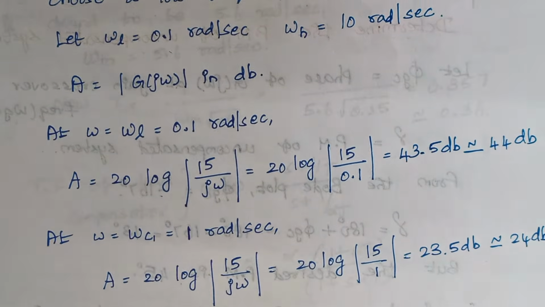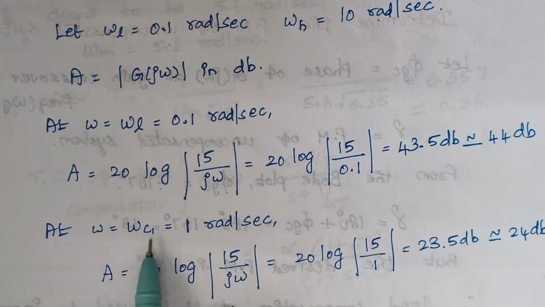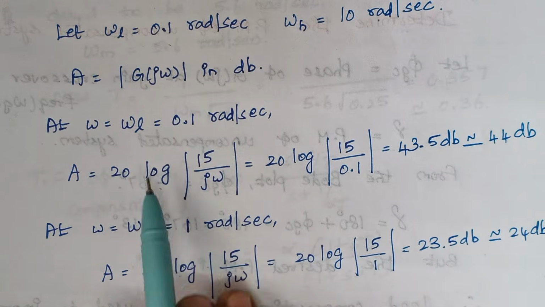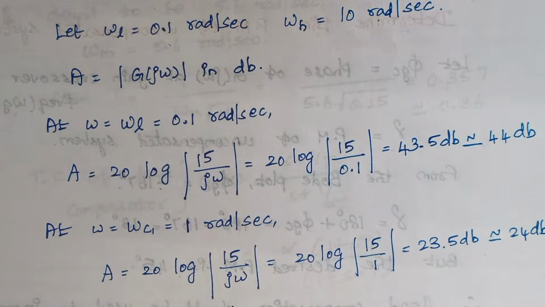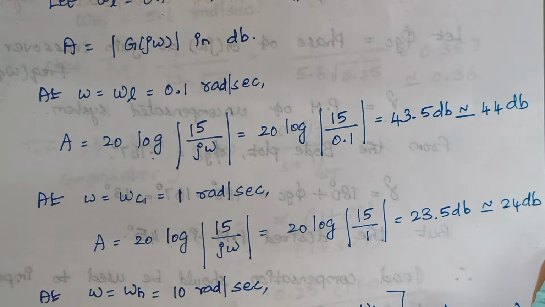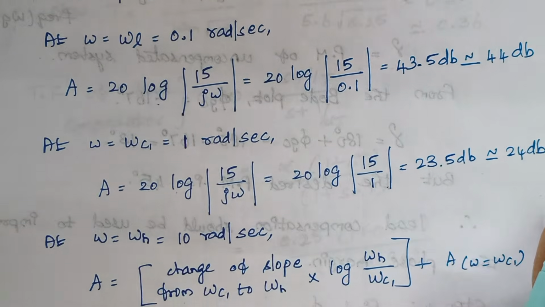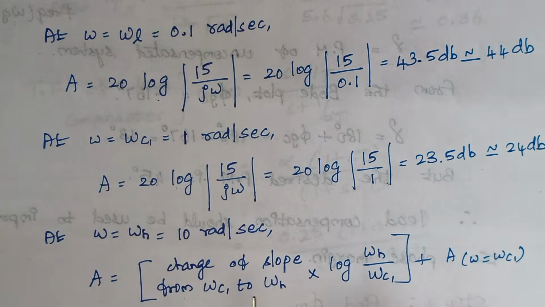The next step is at omega equal to omega c1, the value of A is again, you have to use the same thing. For omega L and omega c1, we have to consider only the constant with individual omega term, right? So again substitute it over here and find the value. It is 24 dB.